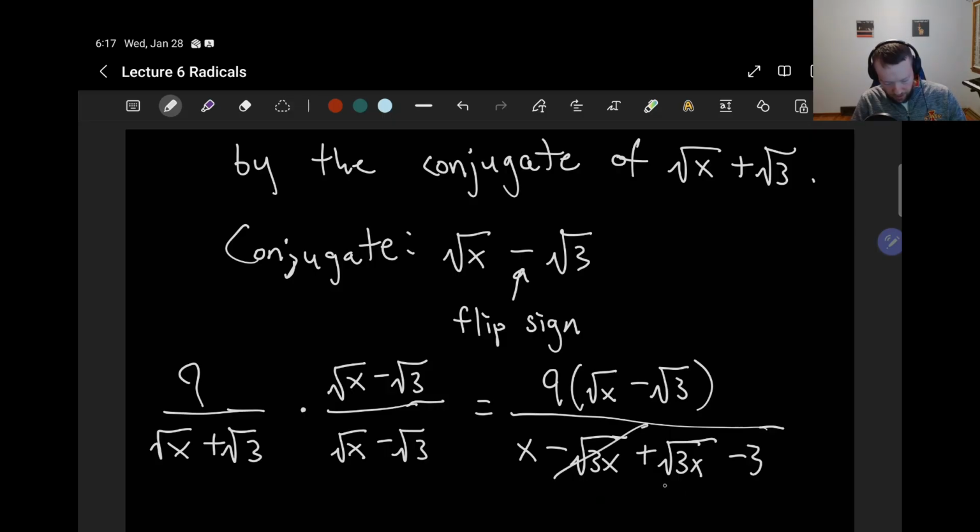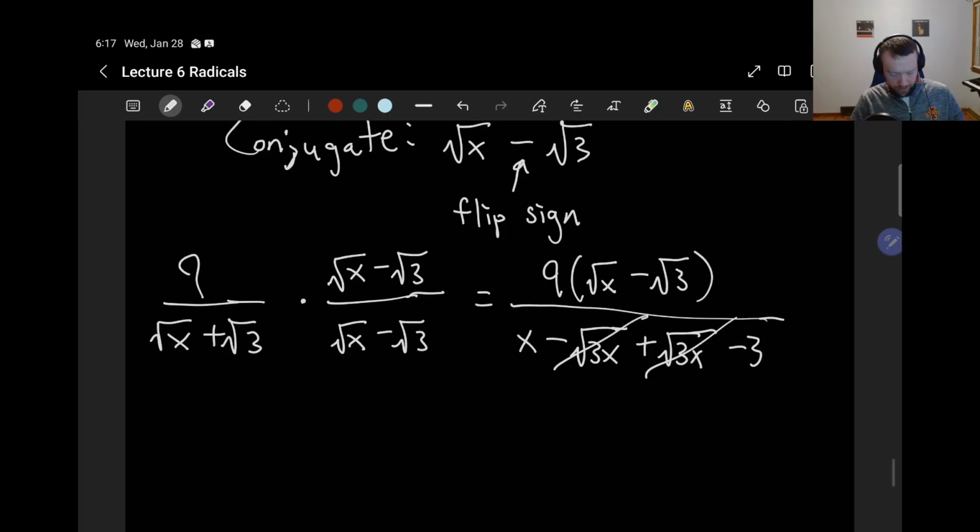And notice that these cancel when I add them together. So that's the purpose of the conjugate, is to get rid of radicals in the denominator. And this really only works for square roots in particular. But this is the type of problem that you'll see.